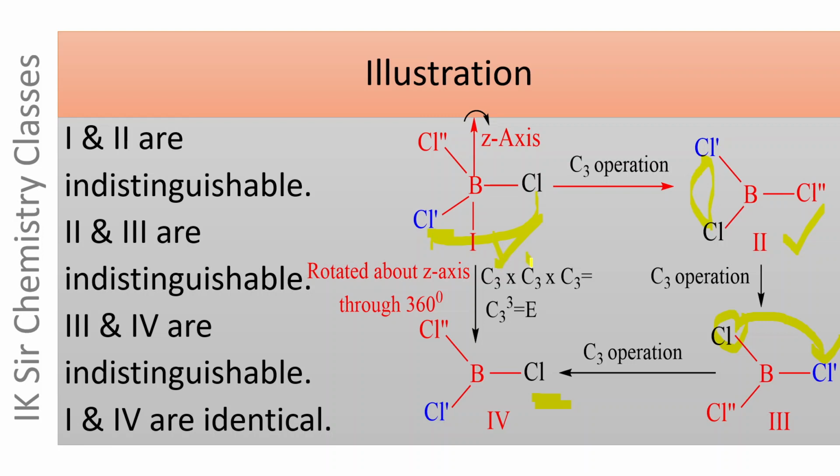C3 multiplied by C3 multiplied by C3 is equal to C3 cubed operation, and it is equivalent to rotation of BCl3 molecule about Z-axis by 360 degree, which produces an identical orientation, and hence C3 cubed is nothing but identity operation.